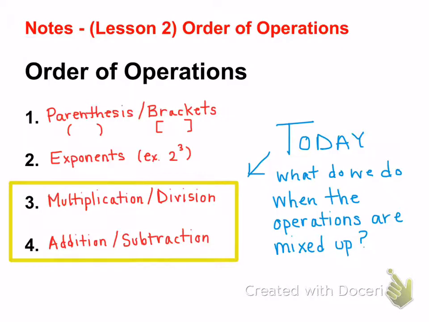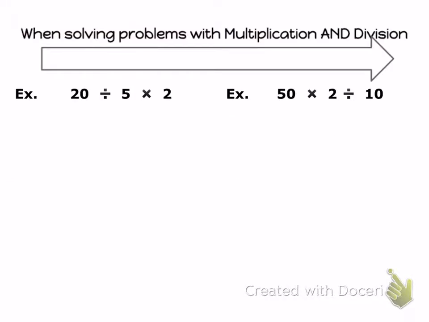So let's start by just focusing on the multiplication and division part of it. Let's say, for example, the problems look like these 2 examples. When you're solving problems with multiplication and division, just because multiplication is said first doesn't mean you always do multiplication first. When they're mixed up, you must solve these problems from left to right.